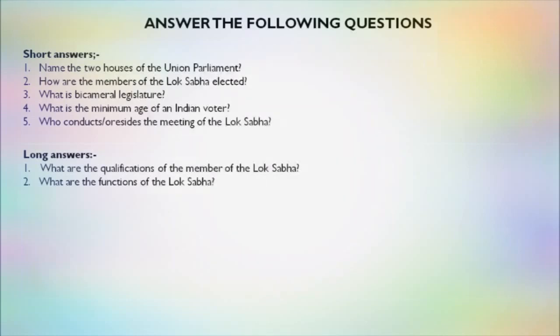We have learned that the legislature, the law making body, in India, which is a vast country, is known as parliament at the center, whereas at the state level it is known as Vidhan Sabha. We have also learned in short about the 2 houses of the parliament, the Lok Sabha and the Rajya Sabha.